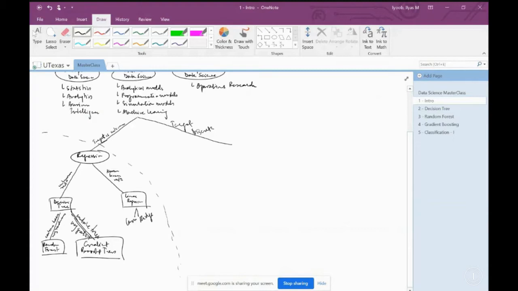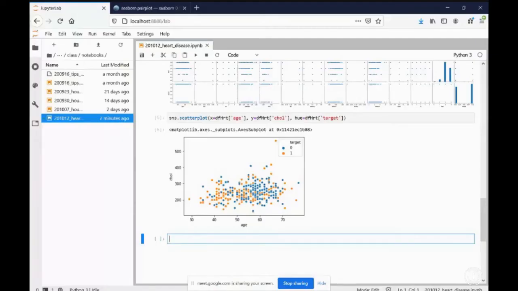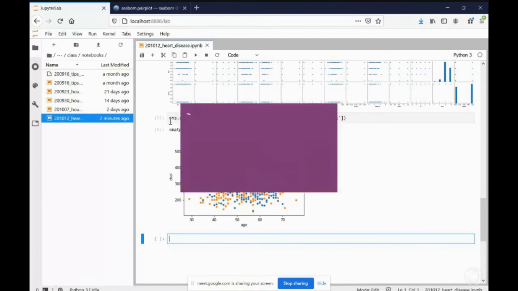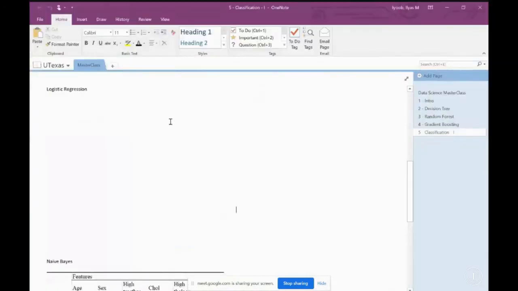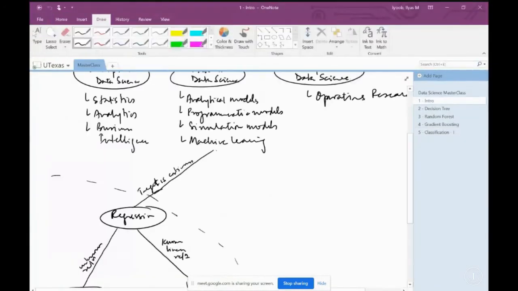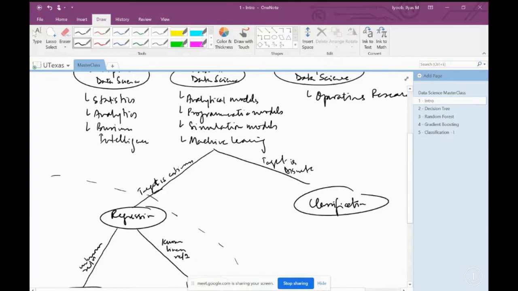That means we have 0, 1, or some small subset of values. Then we are automatically in classification, what we talked about earlier.